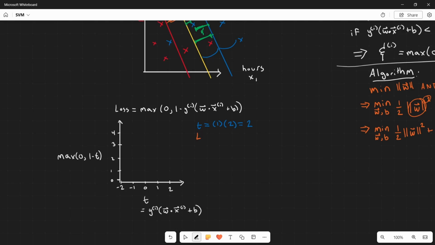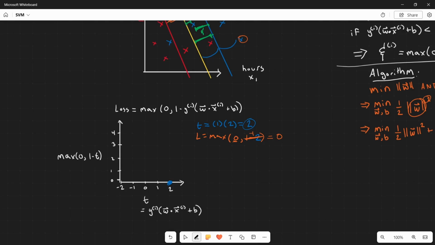And then if we plug that into our loss function, then the loss for that point would be equal to the maximum of 0 and 1 minus 2. And since this is a negative value, our loss at that point would be equal to just 0. So if we plotted that on the graph, then again our t was equal to 2, so right here, and our loss was equal to 0. So that would be our point, t equal to 2, loss equal to 0.